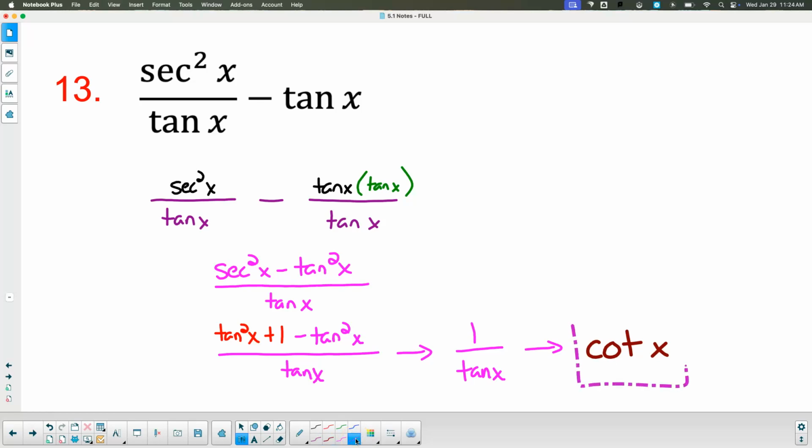I get cotangent. Questions, comments, concerns, clarifications? I can't make it there. Did you get the cotangent?